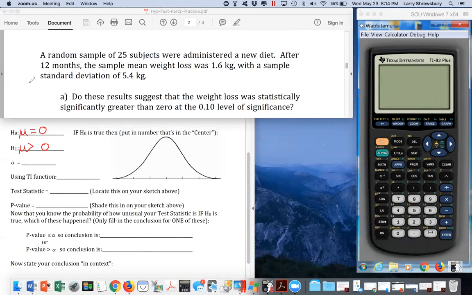We need to make a note that the sample size was less than 30 and they didn't tell us the population was normal. So what does that mean? Conditions are not met.